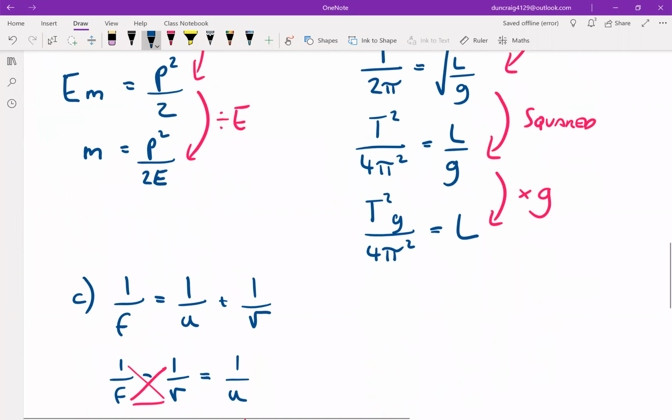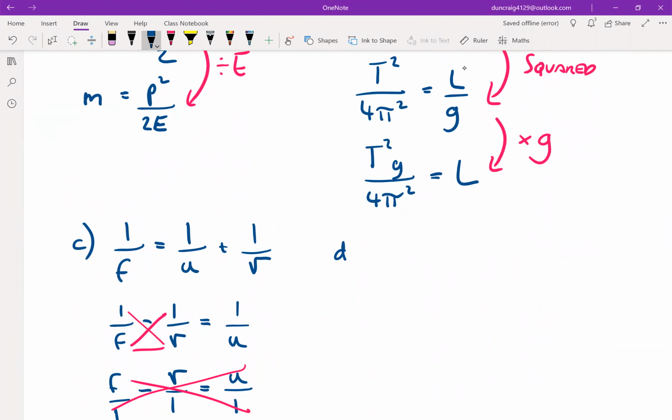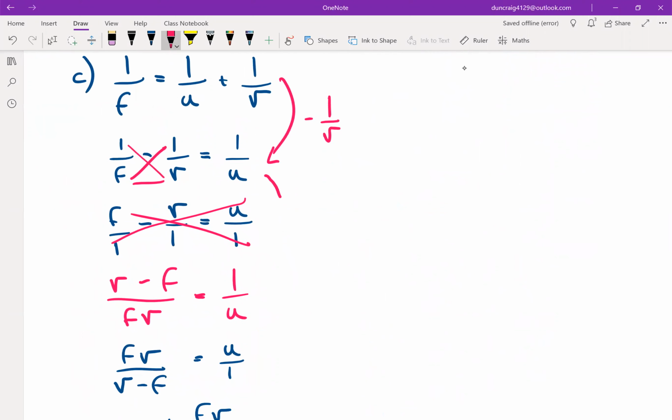All right, that one's very challenging there, and what I'm going to go ahead and do is show what I did for each step along the way. So I subtracted 1 over V. I then went from there to there, and I made a single fraction on the left-hand side.